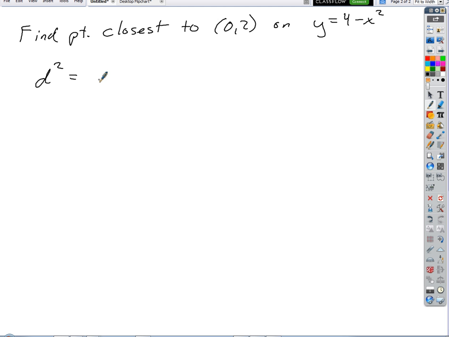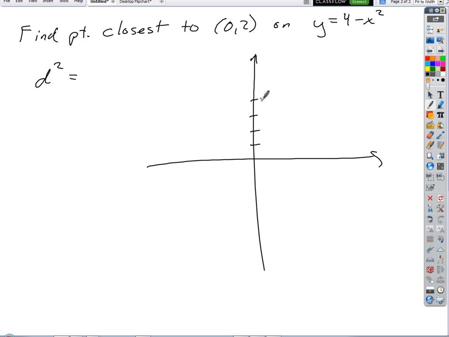If we draw a picture, this is just an upside down parabola with a vertex at (0, 4), right? So it's going to look like that, and this is the point (0, 2) right there.